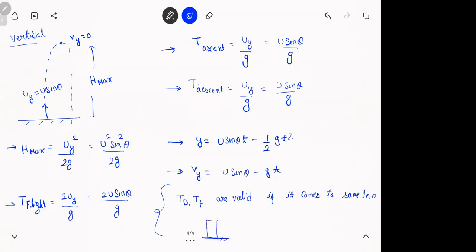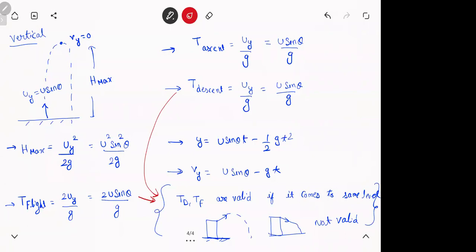Remember this, if you throw from a building, or if you throw from a building downward, the formulas are not valid. So these two formulas are valid only if you come to the same level. Hope you remember that.